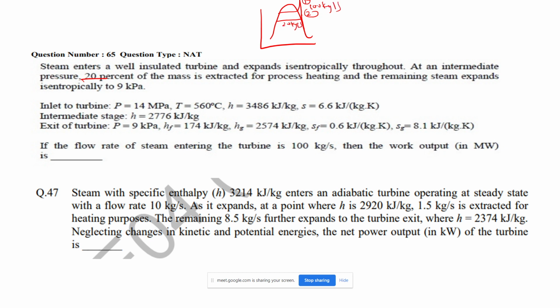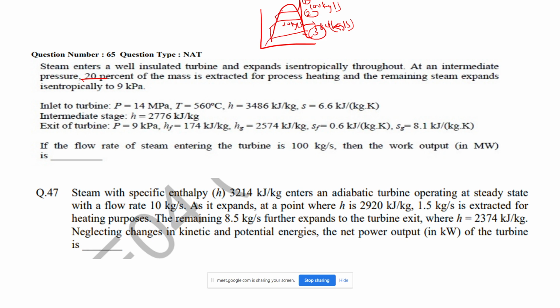The remaining here we get is 80 kg per second, so you have to consider this. For 1 to 2 it is 100 kg per second, and from 2 to 3 you have to multiply with 80 kg per second. Then again I think you have made a mistake here. The answer is around 125.